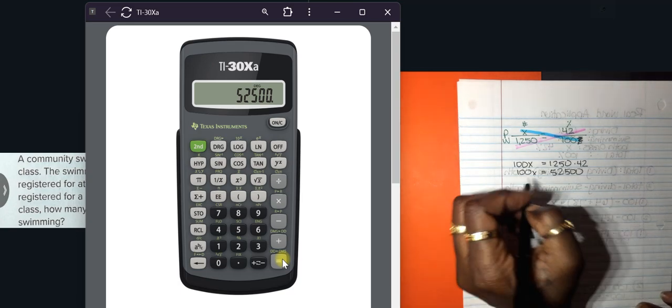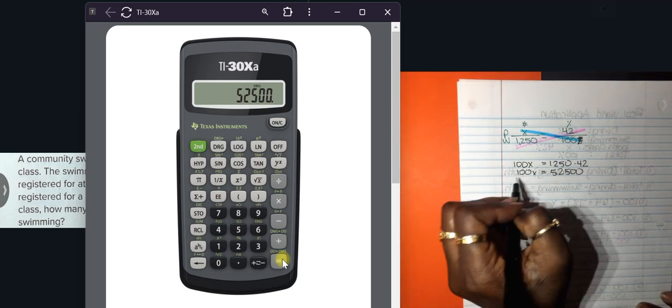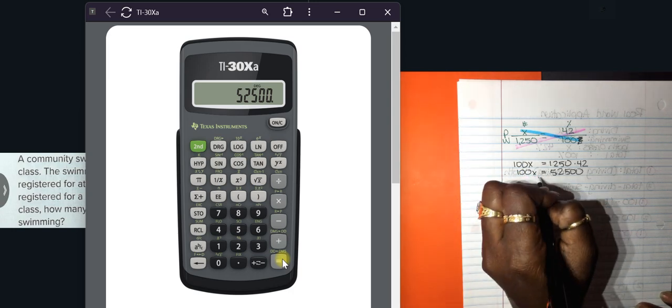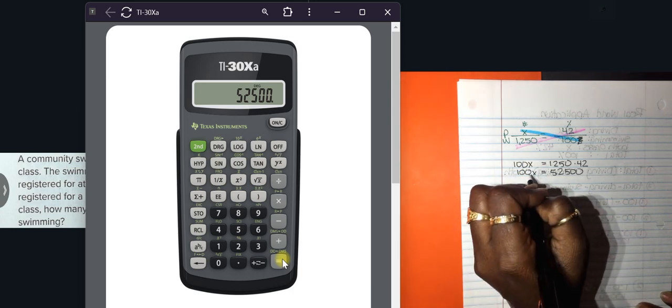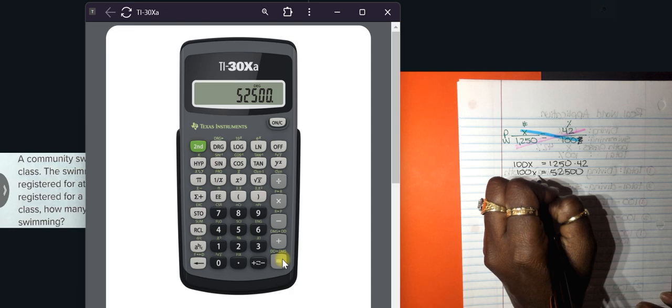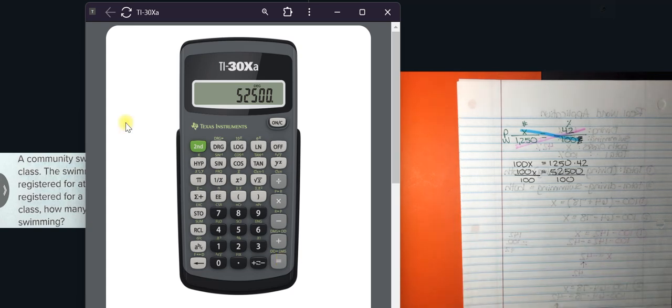Now, remember the goal is to isolate the variable. I see that X is not isolated. So I see that it's being multiplied. And the only way to undo multiplication is to use division. So I'm going to divide both sides by 100. And using base 10, I know that I'm going to move my decimal 2 places to the left. So that's going to make it 525.